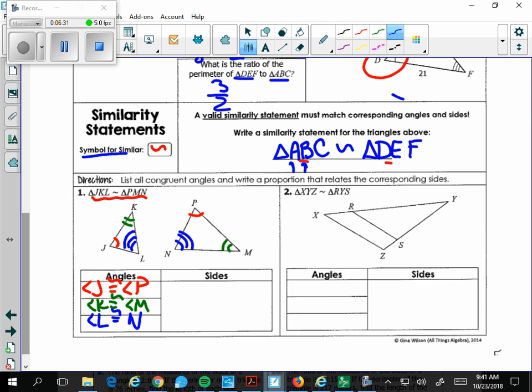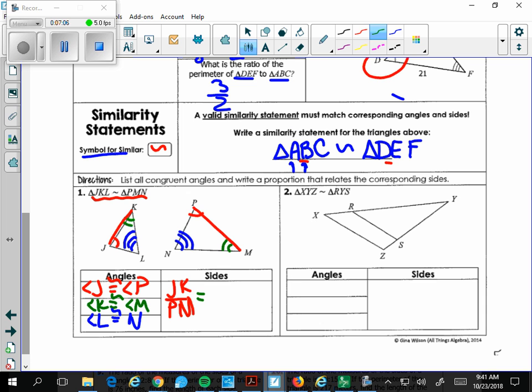The way my proportion for the side is looking is, if you see right here, this side is the one that at either end I've got my red angle and my green angle. It's going to correspond to the red and green angle over here. So if I'm making a proportion between these two things, I'm going to say JK is proportional to PM. And the way I'm writing these proportional statements is because if I were to divide out that proportion, I'm going to get the same answer for every single one of these.